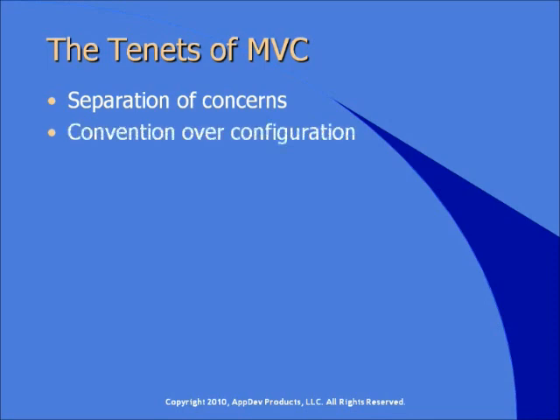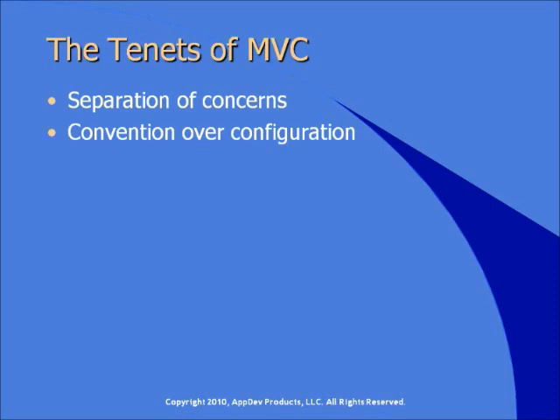Another important tenet is convention over configuration, and the ASP.NET version of MVC really makes use of this. The idea is that ASP.NET MVC eliminates the need for extensive configuration settings by following various conventions.